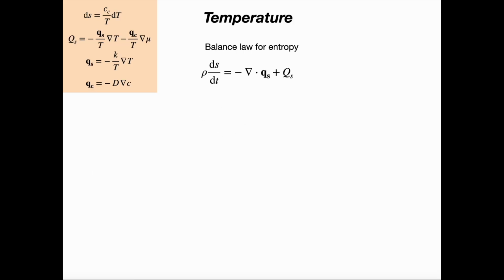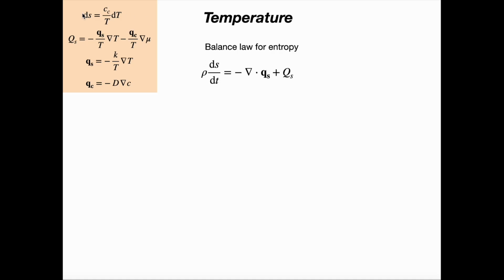and space. Now we need an equation for temperature evolution, and we don't have a conservation law for temperature, so we need to derive an evolution equation for temperature. Let's start from things we know, which is the evolution equation for entropy.